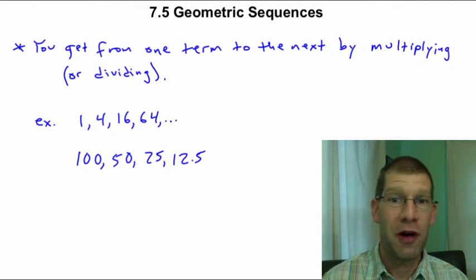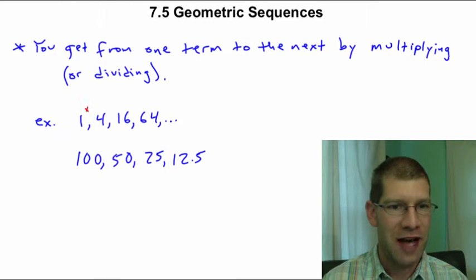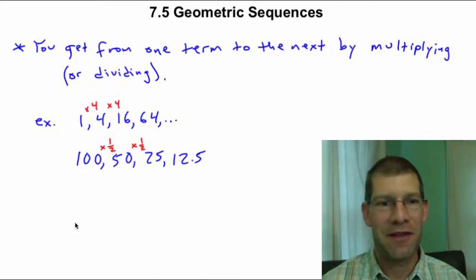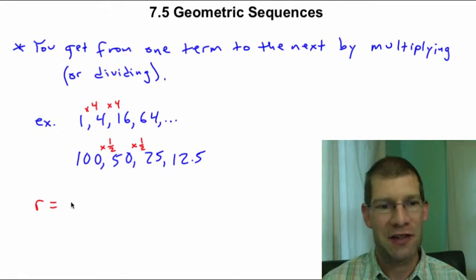For this one, it looks like you're dividing by 2 each time. So in the top one, you're multiplying by 4, multiplying by 4. This one here, you're dividing by 2, which is the same as multiplying by 1/2. And the reason I write that in there is that now we're going to have r as our constant ratio.